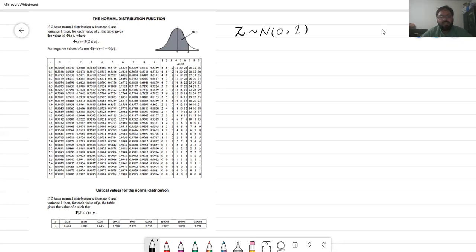Its elements usually belong to the set of real numbers. Z consists of all numbers with -3 less than Z less than +3.